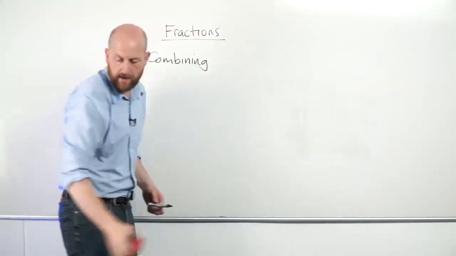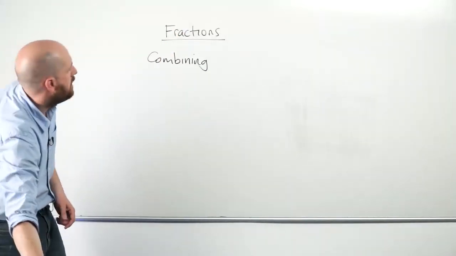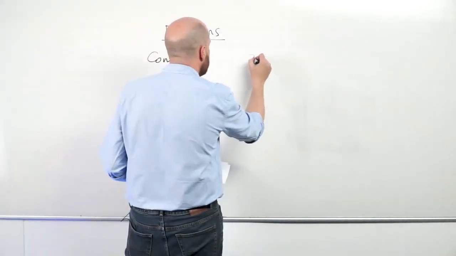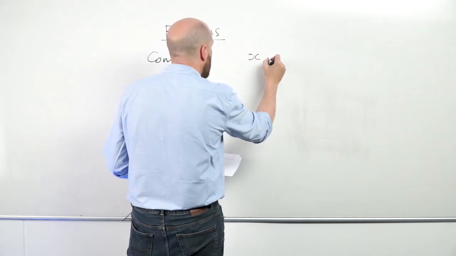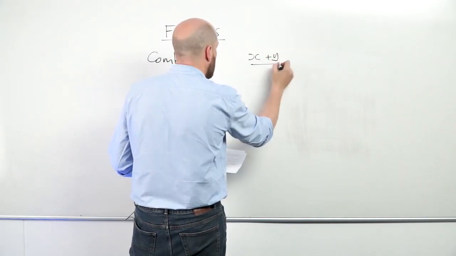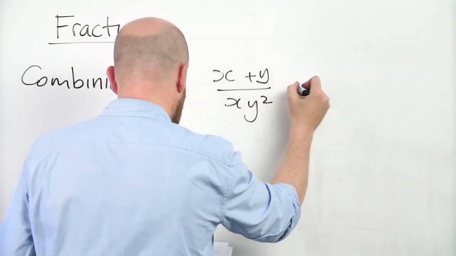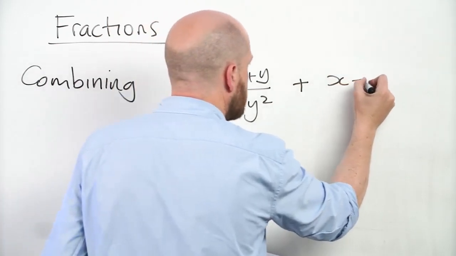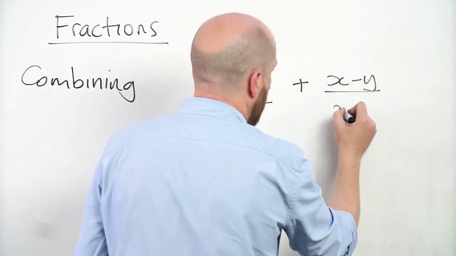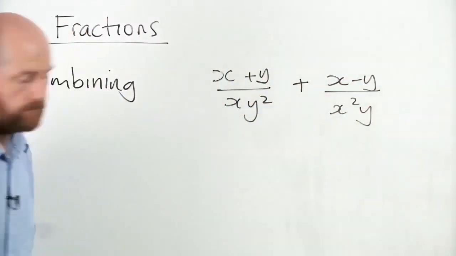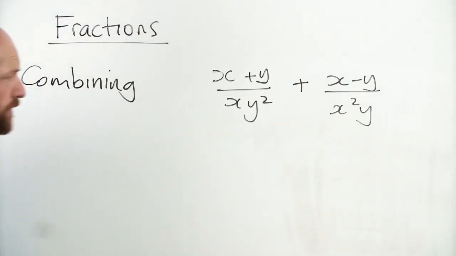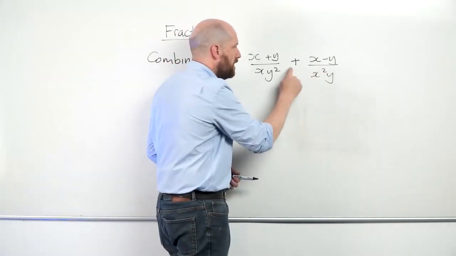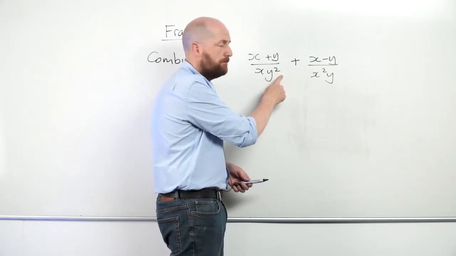So the example here is an example where I have two expressions. So these fractions are x plus y over xy squared, and I want to add x minus y over x squared y. Okay, so I could take the denominator here, multiply the top and bottom by that number.